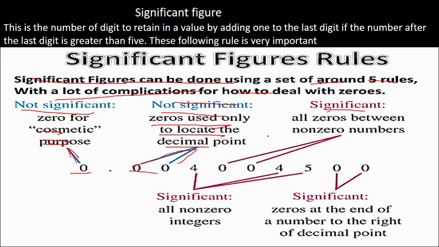But all zeros between non-zero values, this is a non-zero value, this is a non-zero value, all zeros between them are significant.